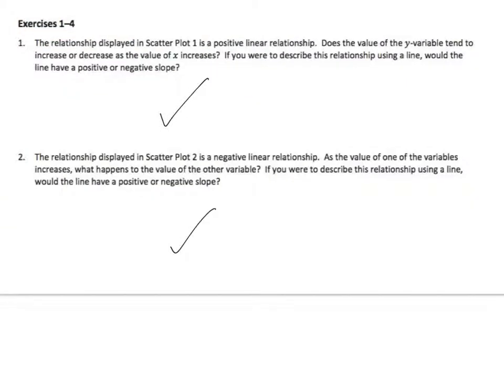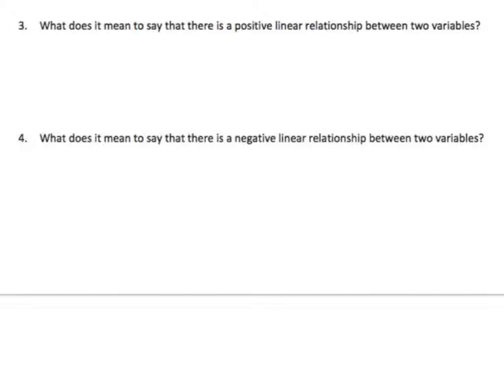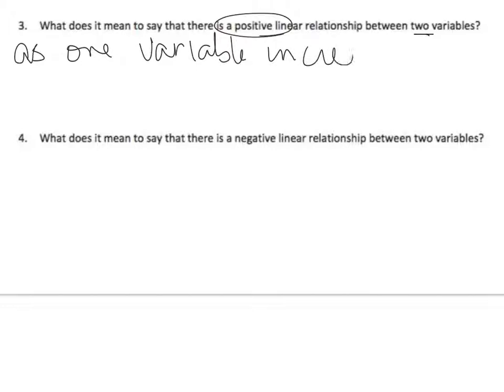Check, check. What does it mean to say that there is a positive linear relationship between two variables? When you have a positive linear relationship between two variables, that just means as one variable increases, the other variable increases.